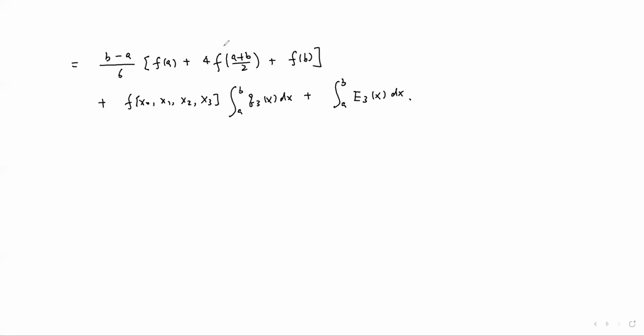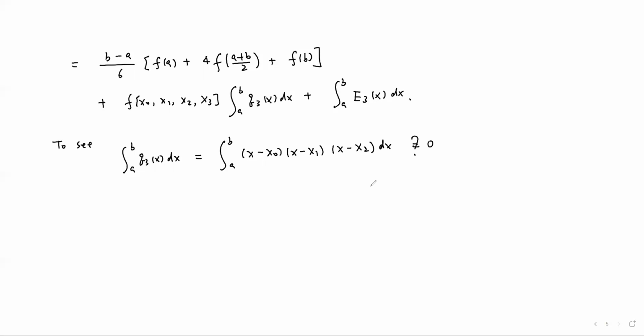Now I claim that this integral is 0. To see this, note the integral of (x minus x0)(x minus x1)(x minus x2) doesn't involve x3, which is arbitrary. How to see that this integral is 0?